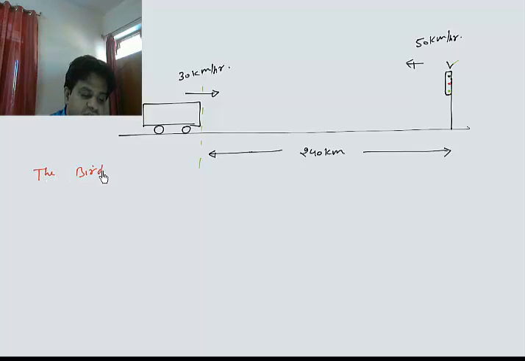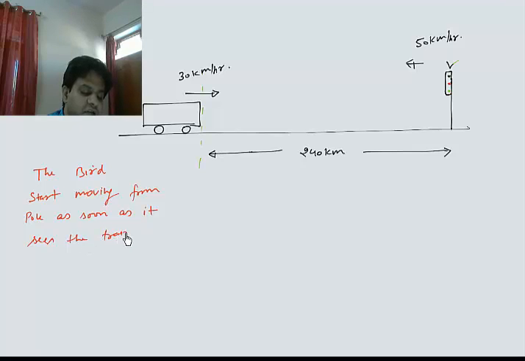Now the question is this: the bird starts moving from the pole as soon as it sees the train crossing the pole AB.